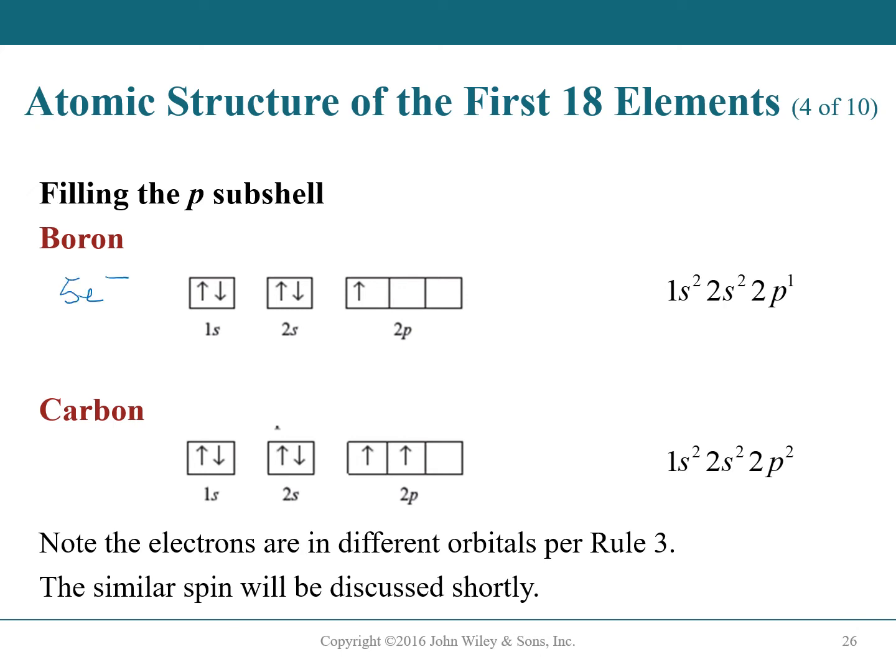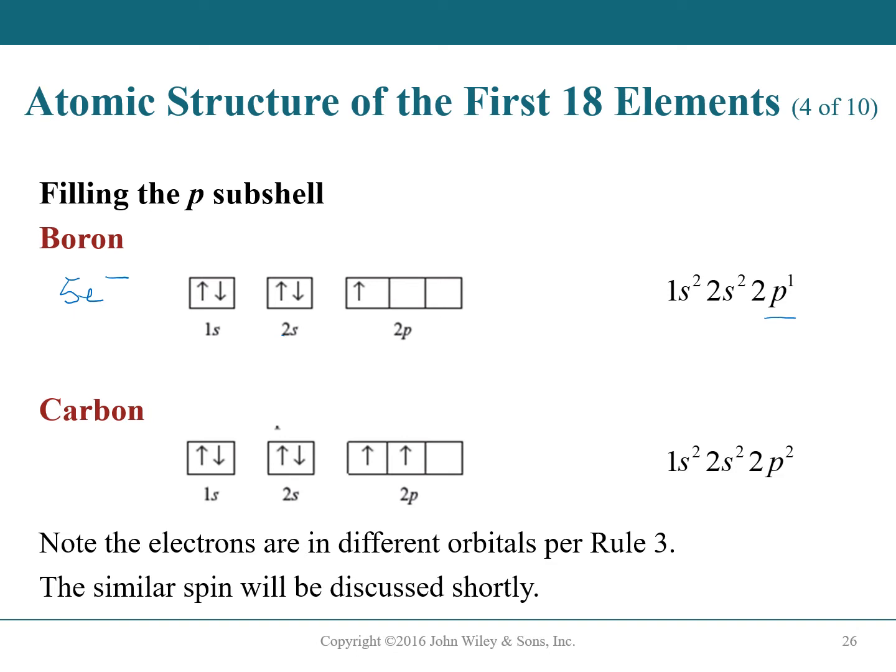It's in row 2, so you do 1s, 2s, 2p. Now, if you consider the previous slide where we were looking at lithium and beryllium, you could do 2s and 2p, but the 2p would stay empty and you wouldn't put it down in your electron configuration.